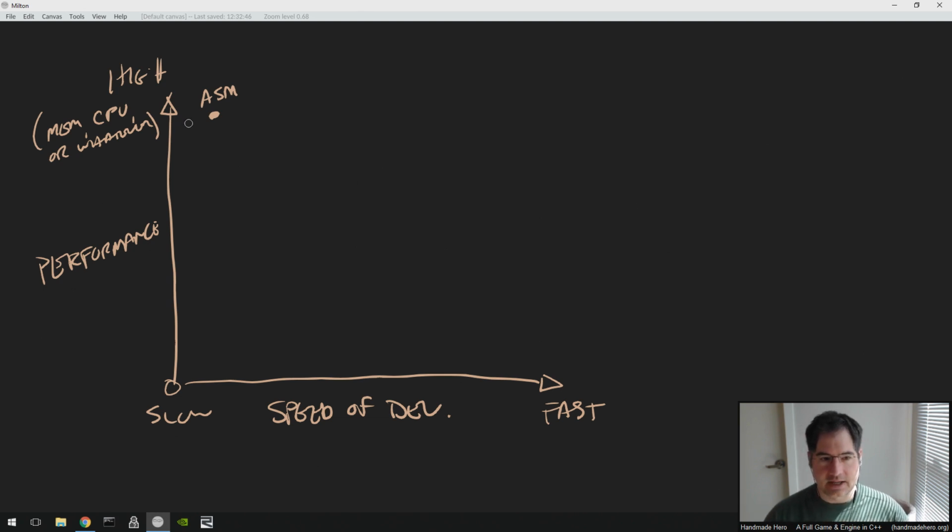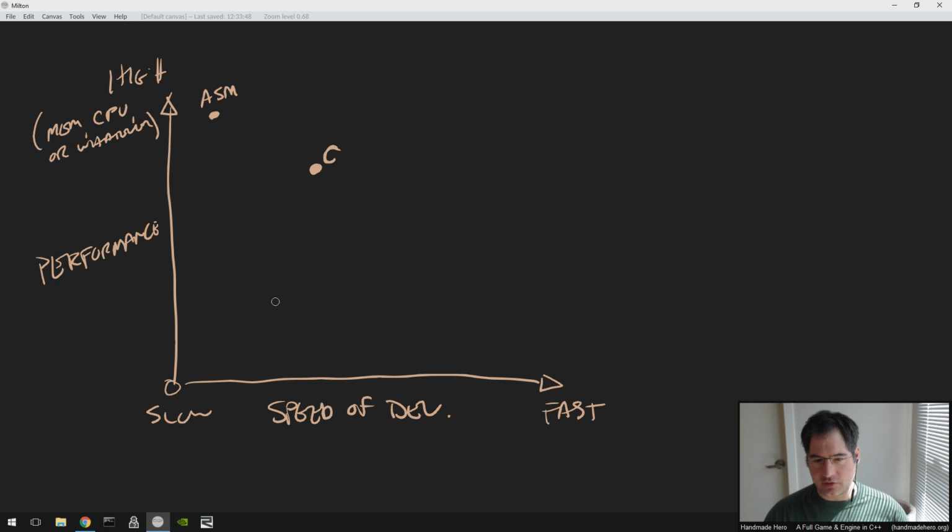100%. So what you end up with is high-level languages. C is maybe like, I don't really know where to put it, but maybe like here, let's say. I'm not really sure exactly where it goes, but C is here somewhere.